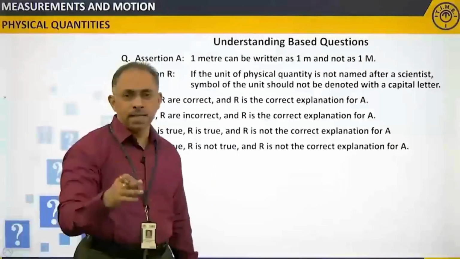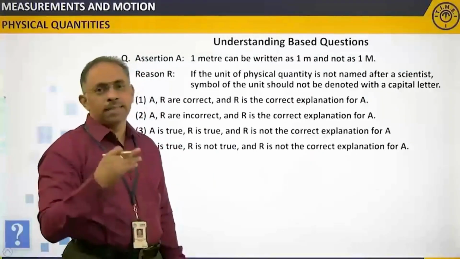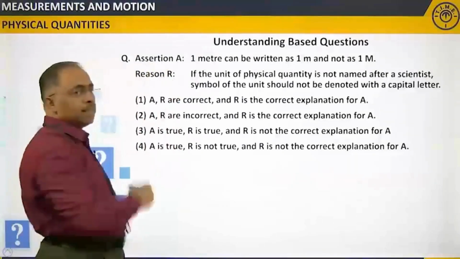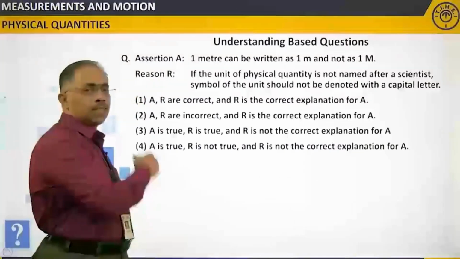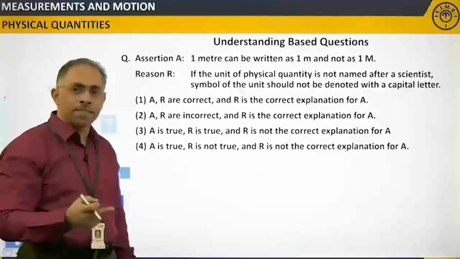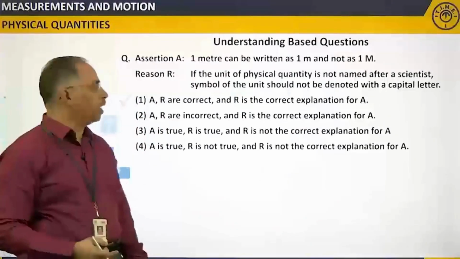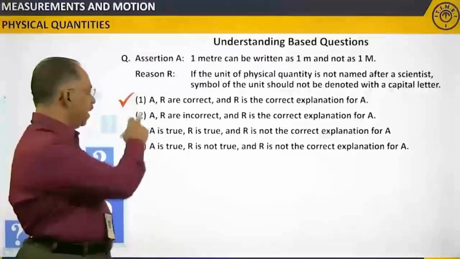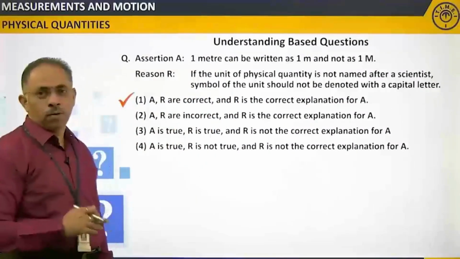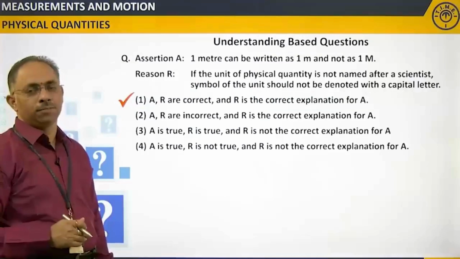Capital letter in the sense uppercase letter. That is the explanation. So, it is very clear that the assertion is right, the reason is also right, and this reason will be the correct explanation for the assertion. So, the answer will be the first one: A and R are correct, and R is a correct explanation for A. Hope this is clear for you.